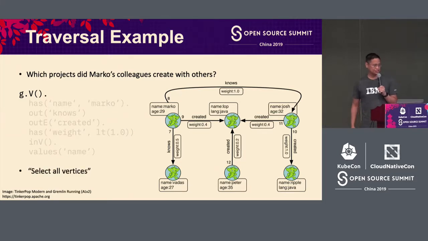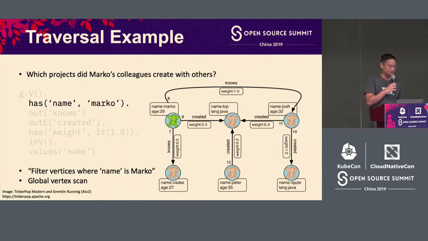So we'll start at the top, g.V. G stands for the graph traversal source. Basically, that's your graph. .V would be all the vertices. I've designated here with the little green guys, the little gremlins in each node. So when you call g.V, now we have a traverser, a little gremlin who's going to walk at each vertex.